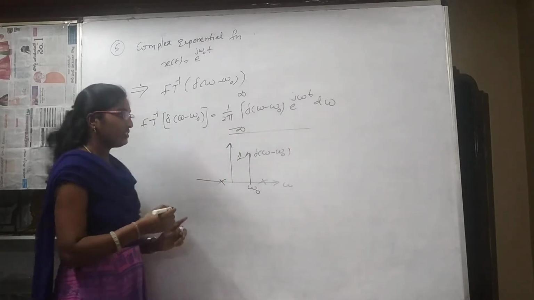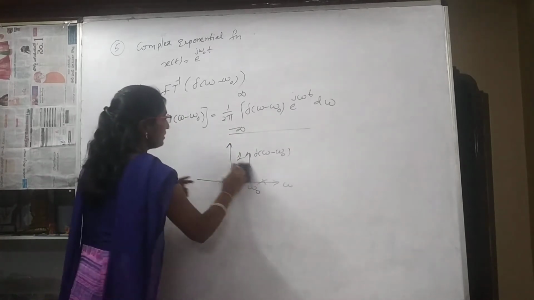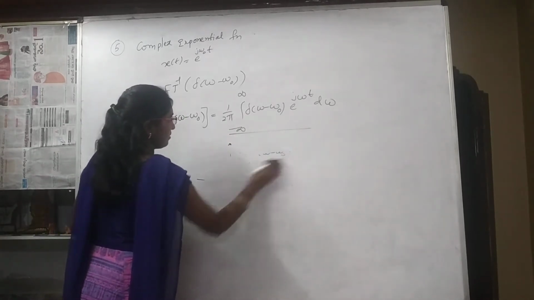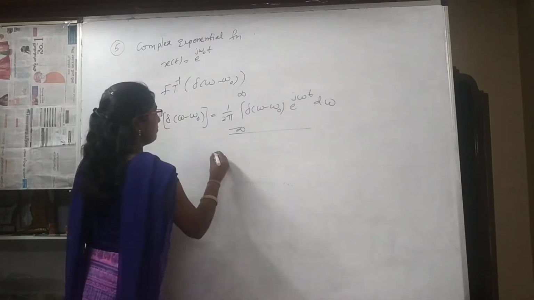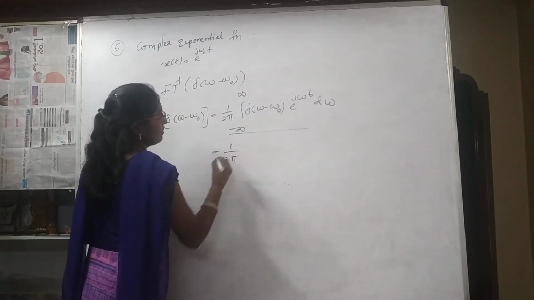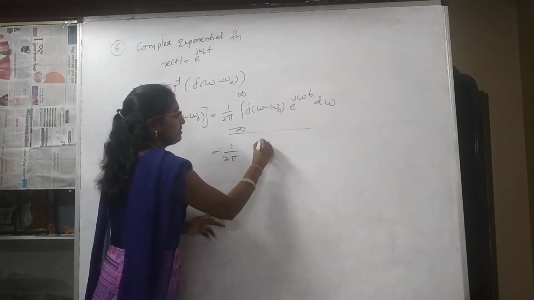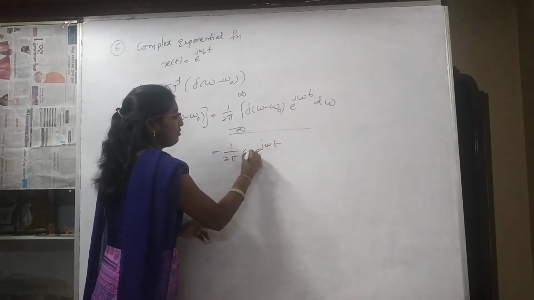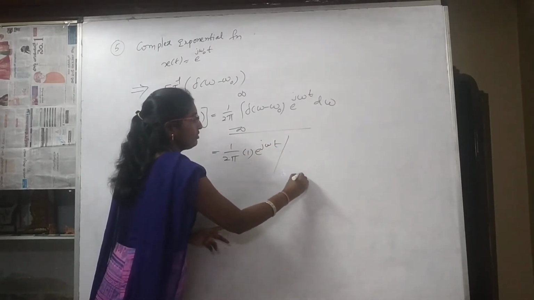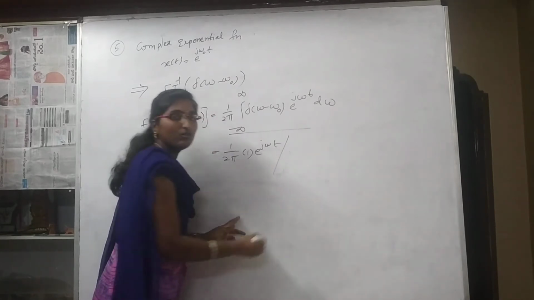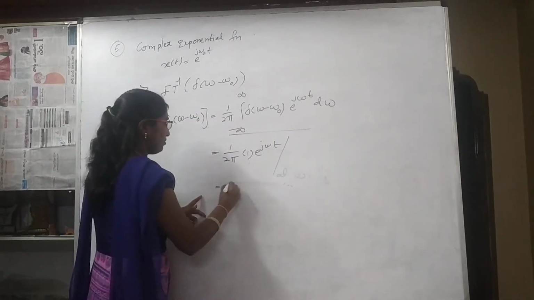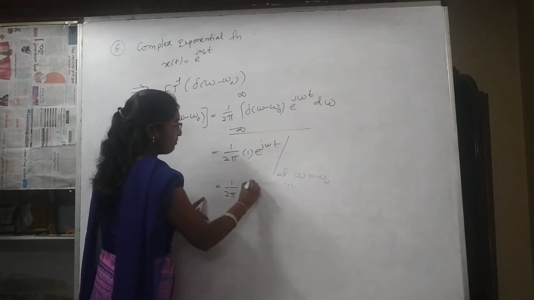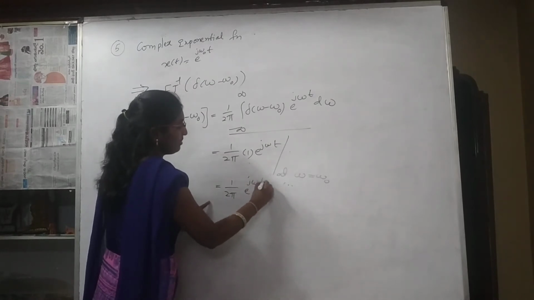Now the integration is 1 by 2 pi, and the value is 1 e power j omega t. That value will be 1 at where? At only omega equal to omega naught. Substitute that: 1 by 2 pi e power j omega naught t.